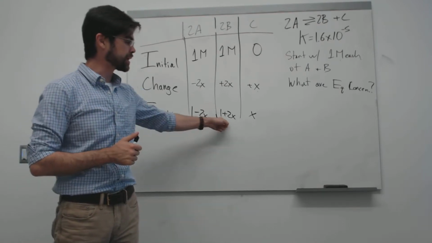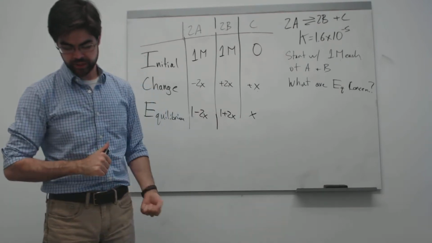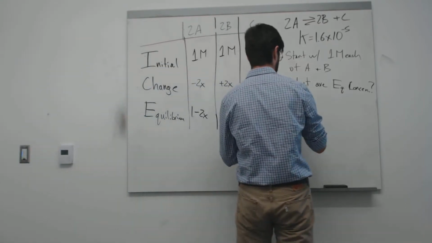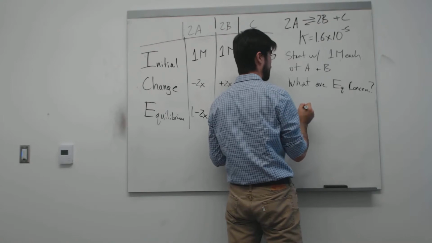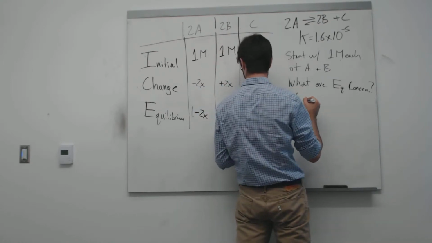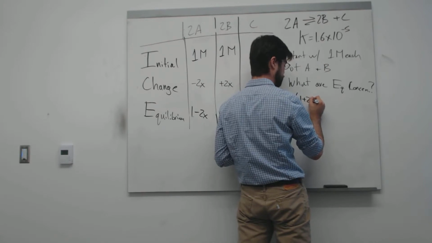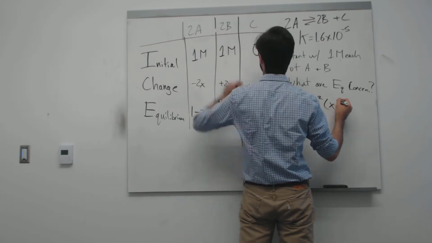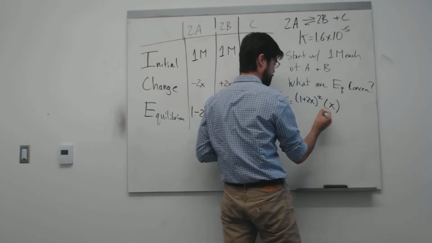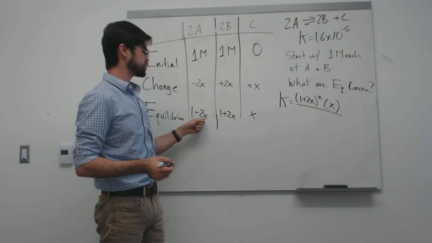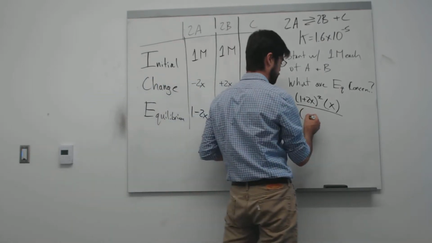Okay, so now I can plug these equilibrium expressions into the law of mass action and solve for x. So K is the concentration of B squared, so that's going to be 1 plus 2x squared, times the concentration of C, so that's just x, divided by 1 minus 2x squared.